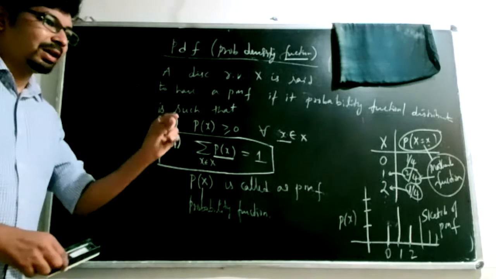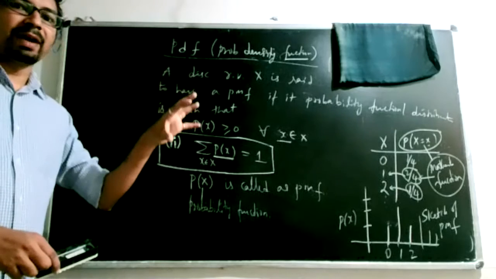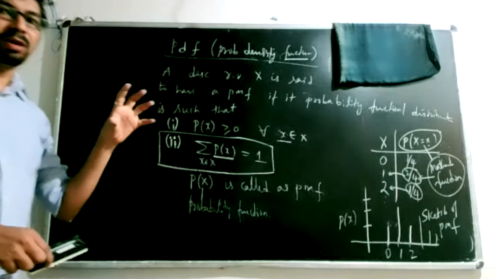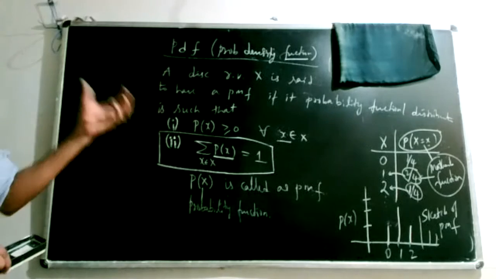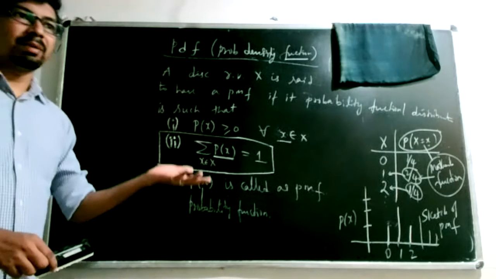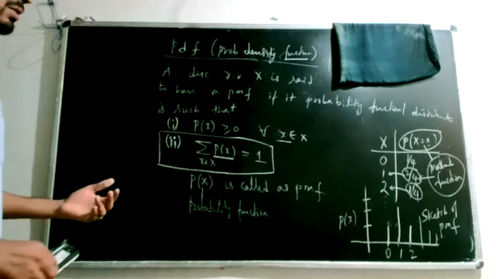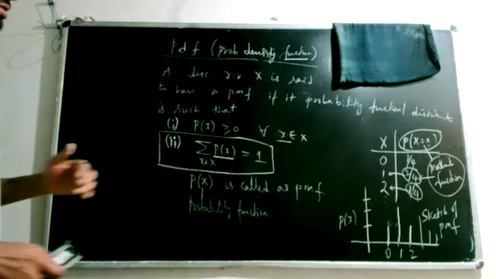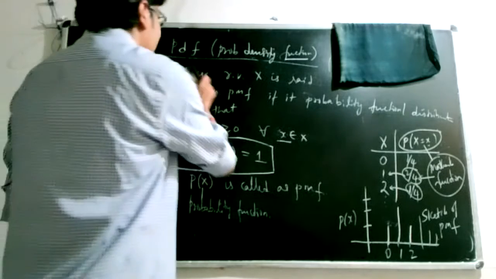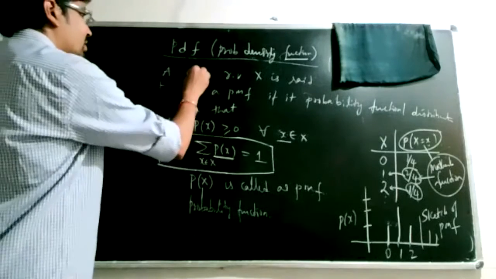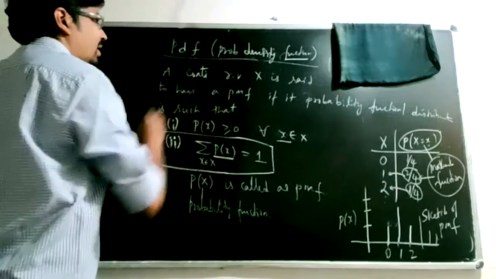probabilities for each and every value of x, but you can find the probability for a set of values or a group of values of x, like in between 2 points, or more than a particular value. What is the probability that it is less than a particular value? So when you talk about a sub-range, then we are talking about the concept of a continuous random variable.